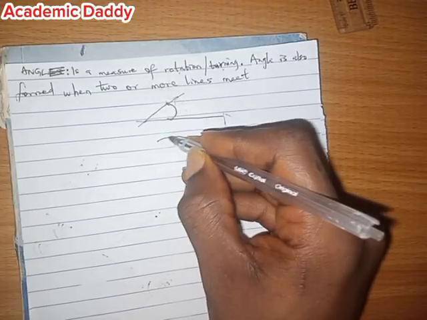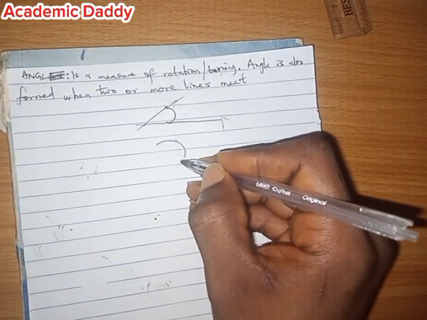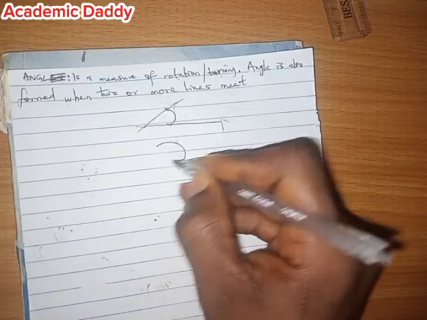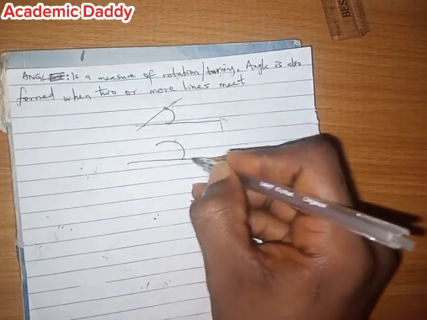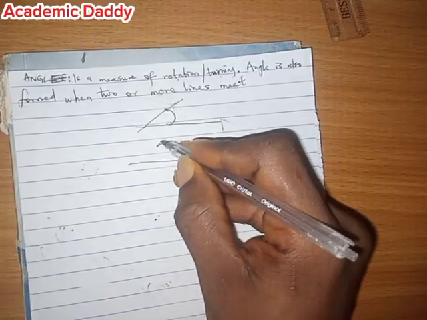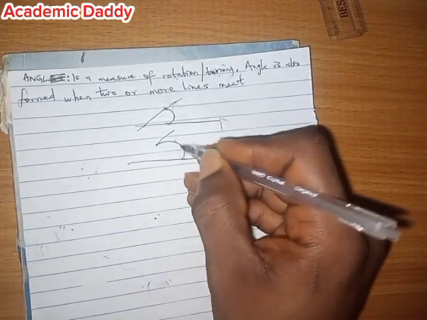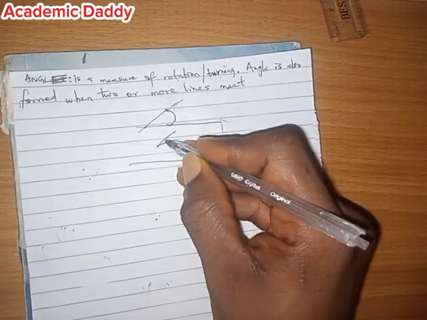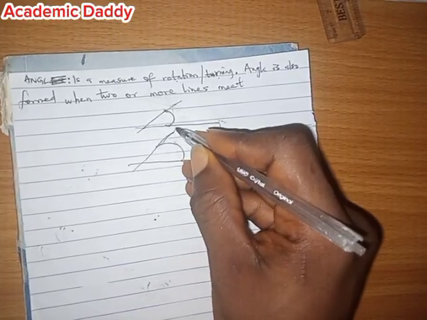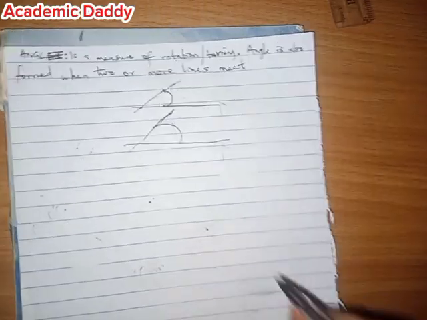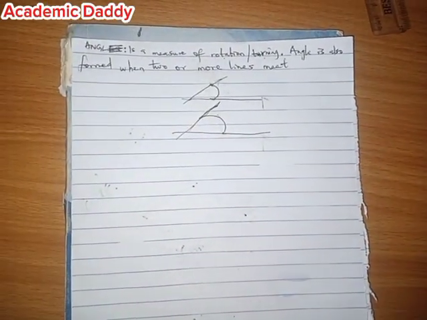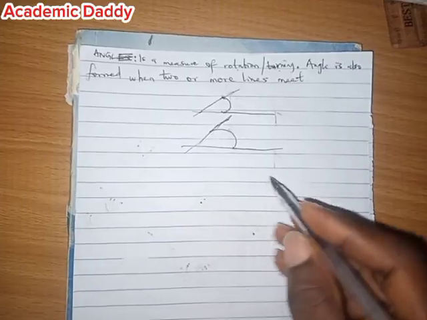While if I have, for example, something like this, let's say I maintain horizontal like this, and let's say this is the turning point. To get the angle, I need to join. So this is still acute.